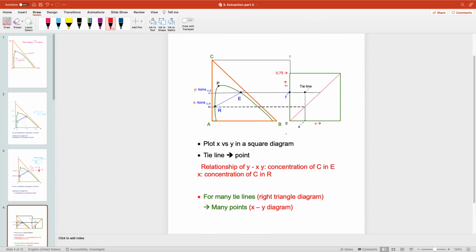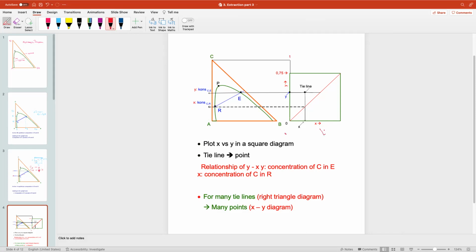I think I would like to draw again. Maybe, yeah. So let me explain this graph first, and after that I will try to draw the graph myself so you can use it step by step to draw it. Okay, so this is the triangle diagram, and this is the XY diagram.